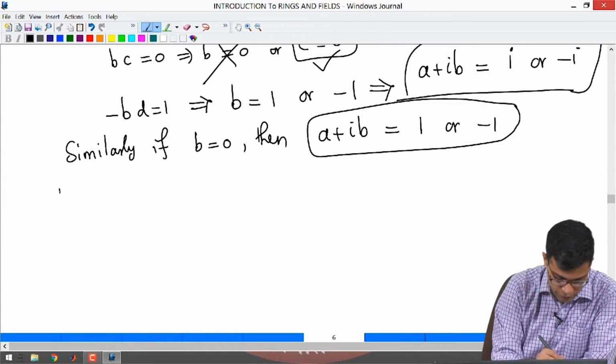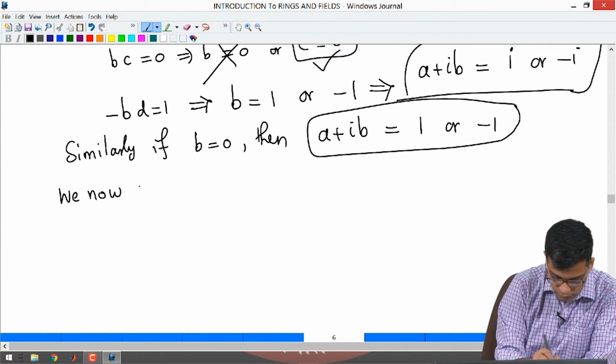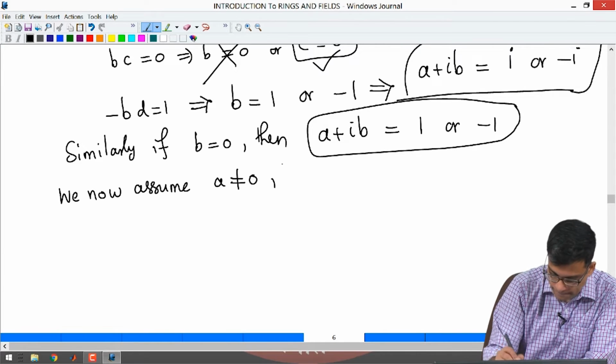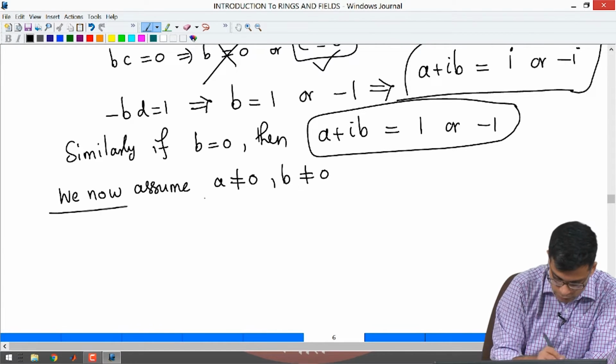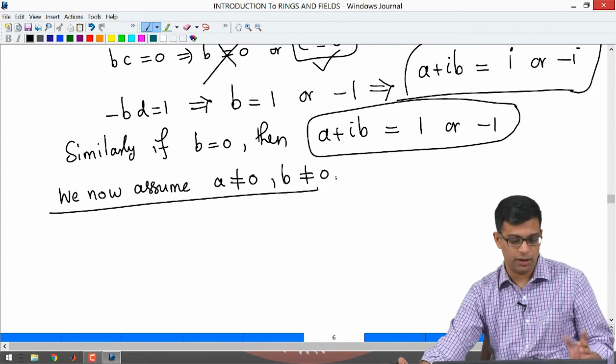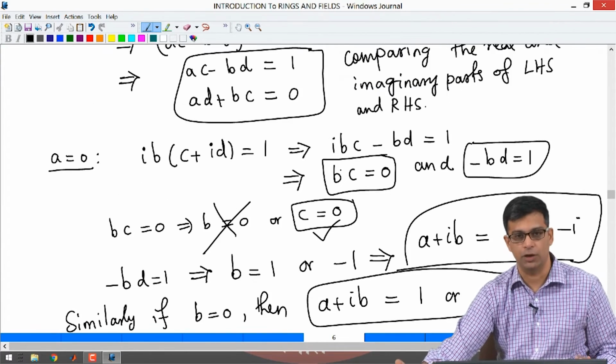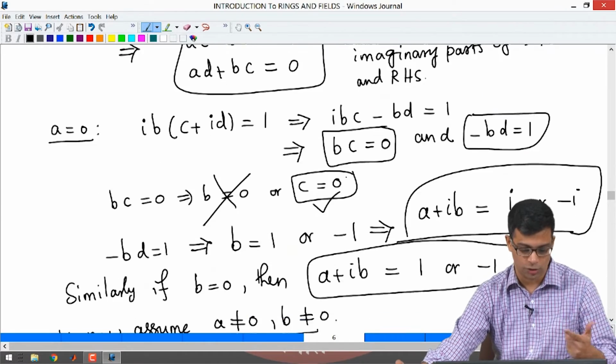So, we now assume A is non-zero, B is non-zero, and we basically will say that there is a contradiction. There cannot be any unit with A and B both non-zero.